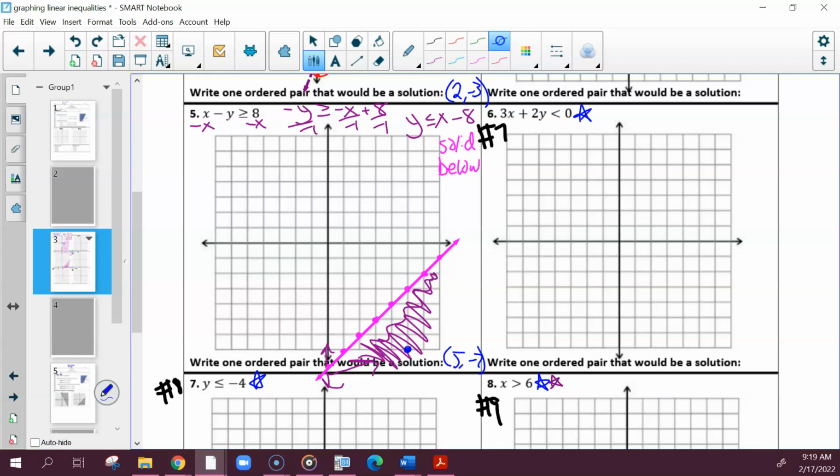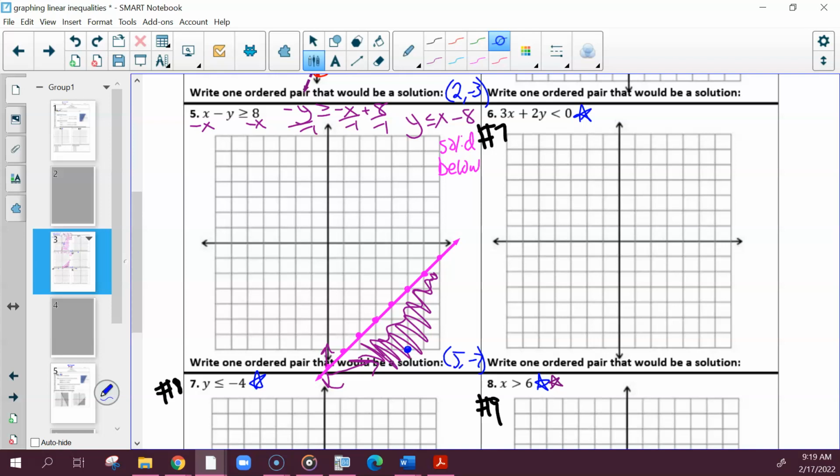It has to be in the shading area? Has to be in the shading area, yes. 4, -5 would work. In general, we're graphing this on a tiny 7 by 7 graph.